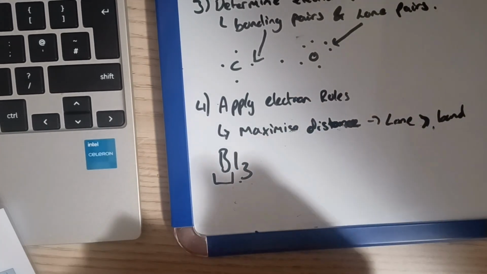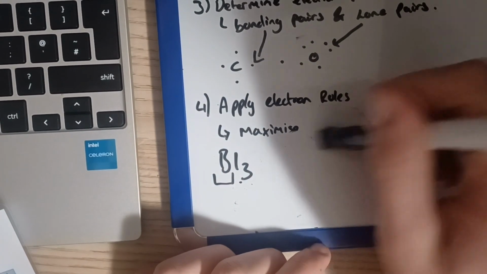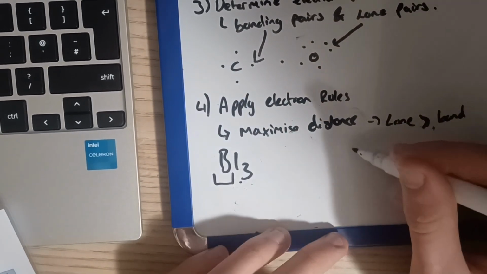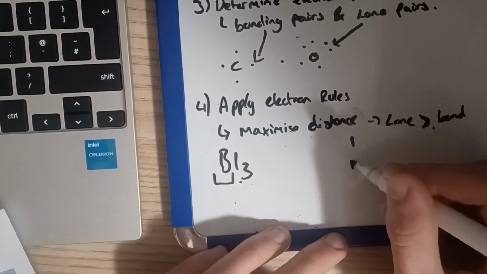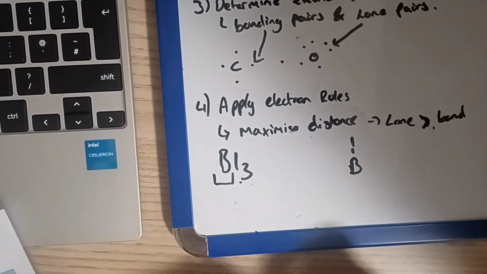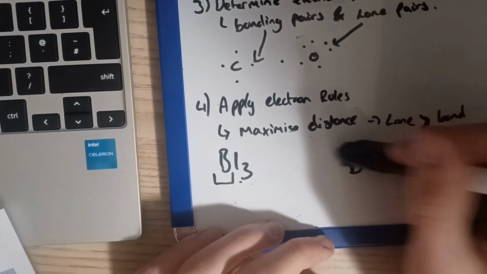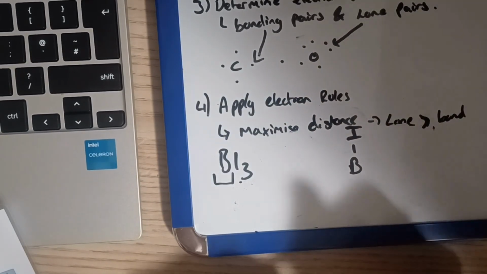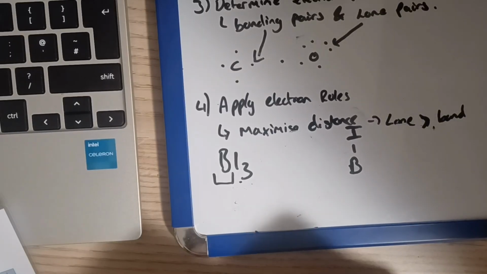You know what, I'll just rub it out and do it again. How I like to start is I always like to put a bond above, just so then I can map in my brain how they're going to bond.